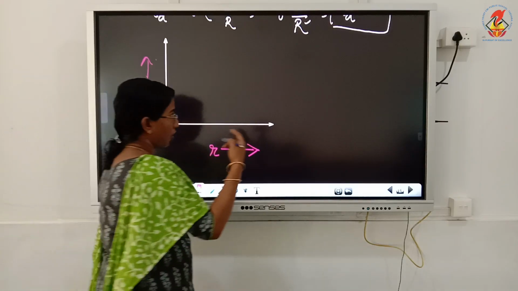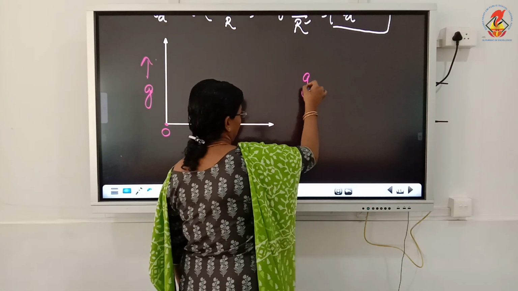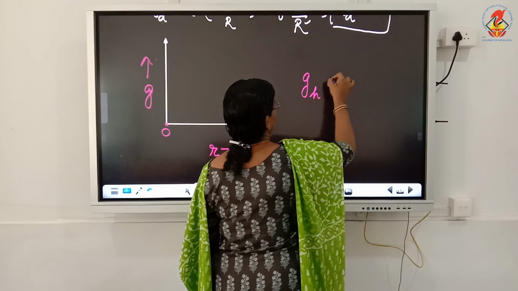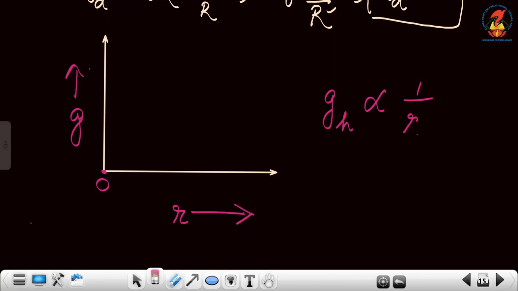According to the previous two cases, g_h is proportional to 1 by r square, and g_d, the acceleration due to gravity at a depth, is directly proportional to r.